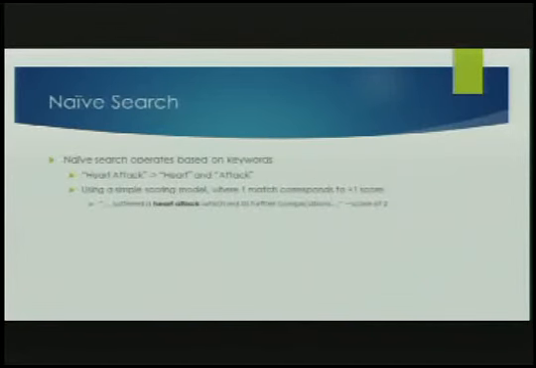But consider this, where you have a knife attack right above the heart. That's also a score of 2. It has the 2 words matching, attack and heart, except it's not quite a heart attack, although it might lead to your heart dying, sure. But using this scoring model, it gives a score of 2, and it thinks it's equally relevant as a document that explicitly says heart attack in it.